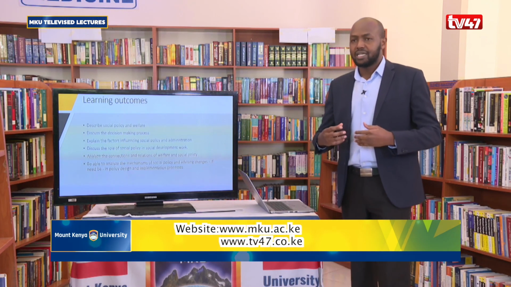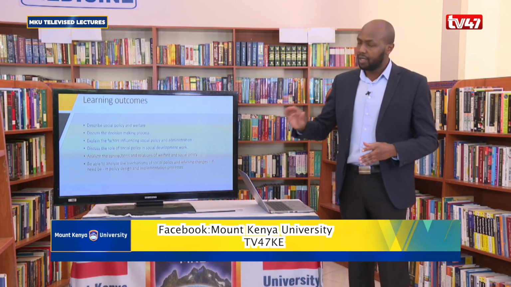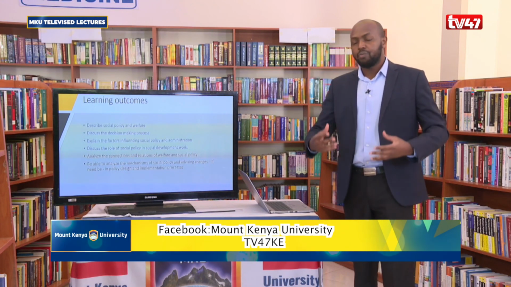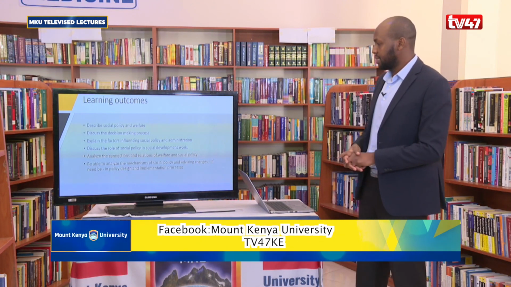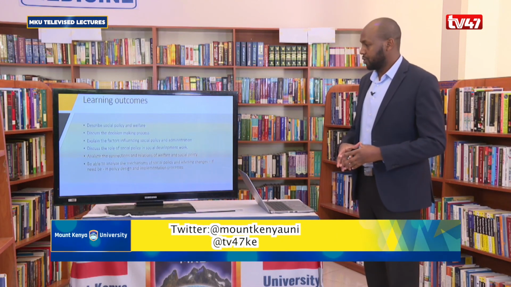And these contexts are a result of factors that exist within those specific areas where the policy is developed or implemented. And so the unit will help you eventually be able to explain some of these factors, both of policy and of the administration.